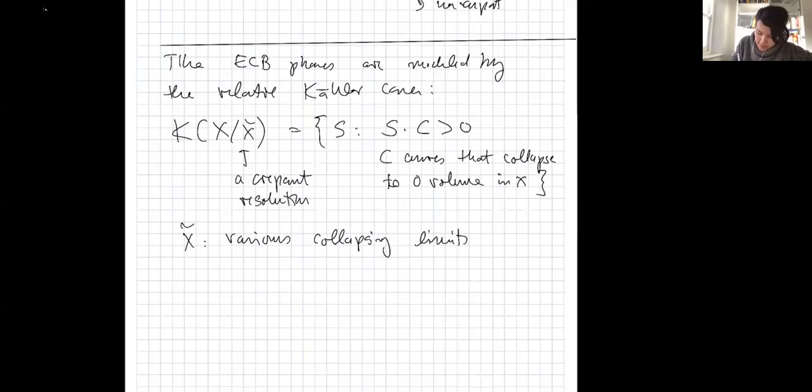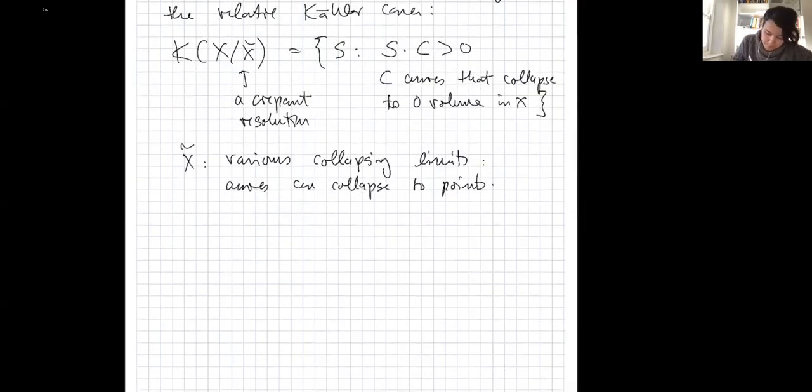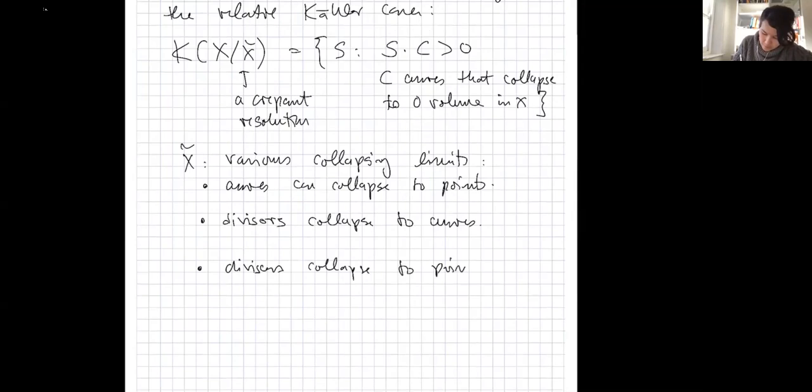So the various collapsing limits: we can collapse curves to points, we can have divisors collapse to curves, or we can have divisors collapse to points. And all of these are just geometric facts.